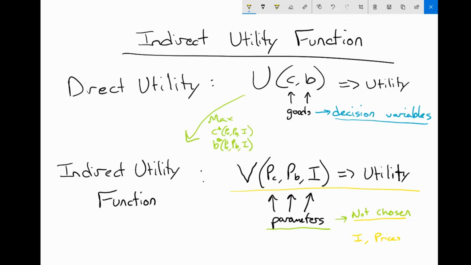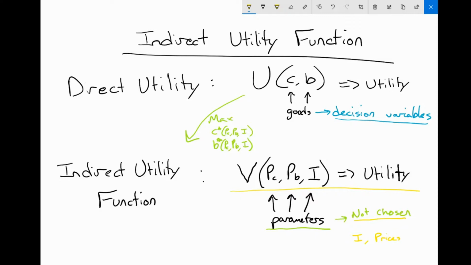This indirect utility function takes those parameters as inputs, and it will tell me what the utility is just given the parameters. What it does is this indirect utility function takes the parameters, and it will give us the optimal constrained utility.